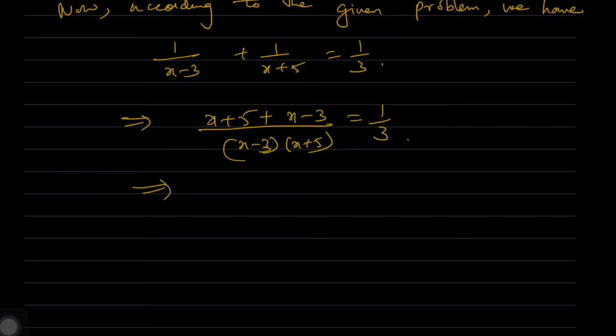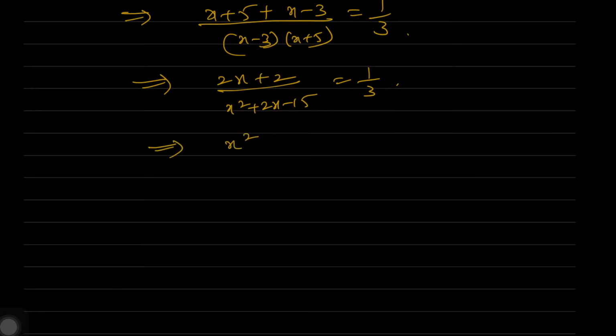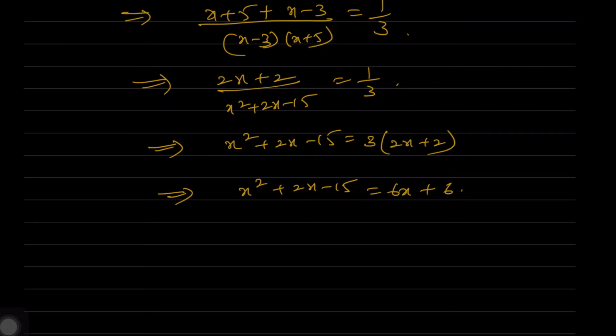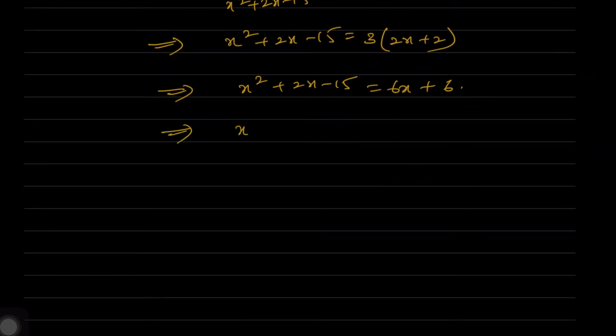So which implies that 2x plus 2 divided by x square plus 2x minus 15 is equal to 1 by 3, which implies x square plus 2x minus 15 is equal to 3 into 2x plus 2, which implies x square plus 2x minus 15 is equal to 6x plus 6, which implies x square plus 2x minus 6x minus 15 minus 6 is equal to 0, which implies x square minus 4x minus 21 is equal to 0.